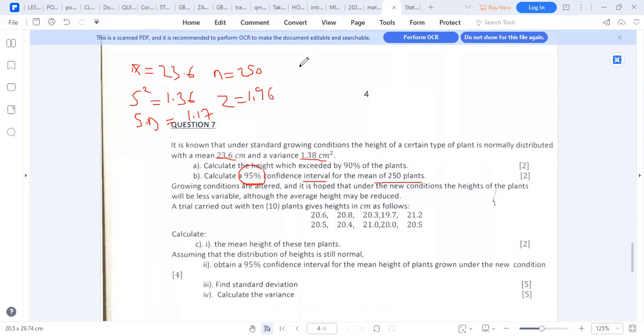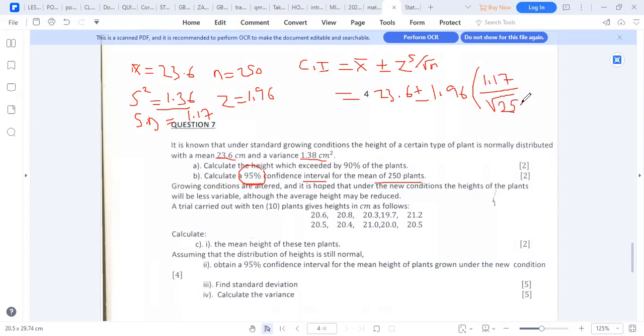So the confidence interval would be the mean plus or minus Z times standard deviation over square root of N. Where there's mean, what are we going to put? 23.6, right? Where there's Z, we're going to put 1.96. And where we have our standard deviation, we're not going to put 1.38, we're going to put the square root of it, 1.17. And for N, we're going to put square root of 250. Does that make sense now?